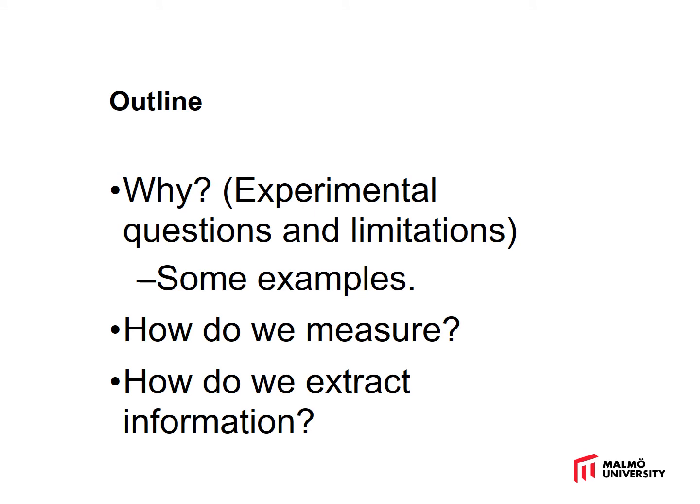So this lecture really asks the question of why do the experiment, and looks at the kind of information you get from the GISAS experiment and the limitations of that. And I'll do that through a few examples, 4 to be precise. I'll also briefly introduce, and we'll expand on this later in the course, how we measure and what we measure, and importantly, also start the discussion about how we extract information from these particular experiments.